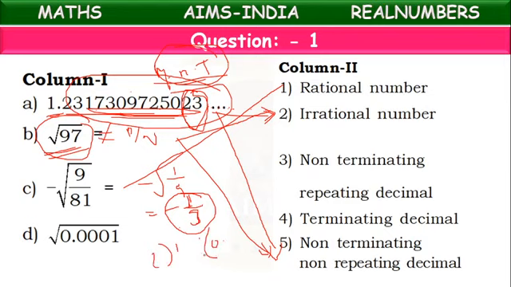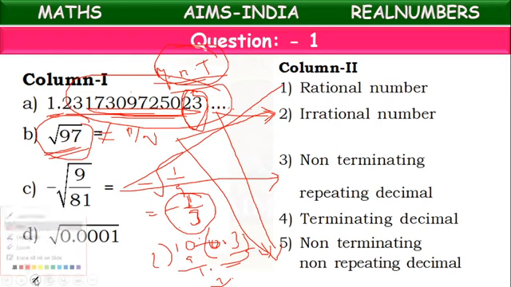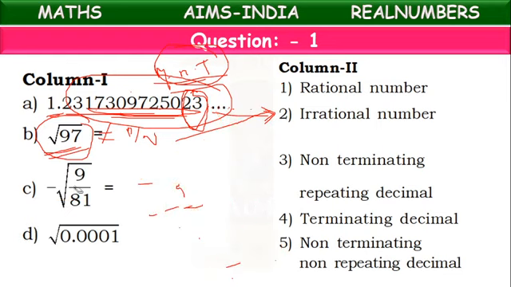We take 0 point, then 10 because we have taken the decimal point. 3 times 3 is 9, remainder 1, 10 again, 3 times 3 is 9. Like this, 3 will be repeating. So it's a non-terminating repeating decimal.